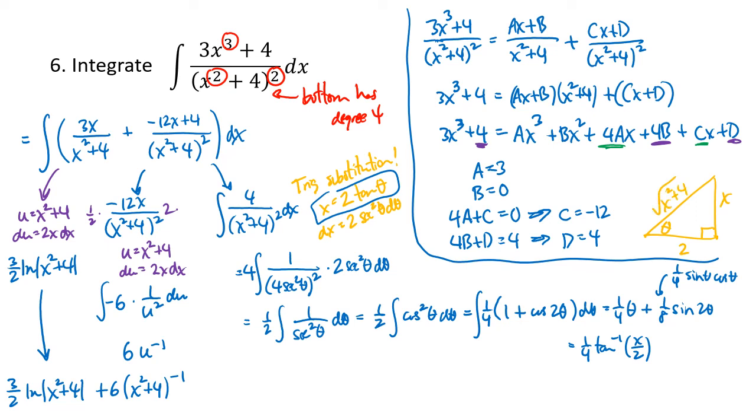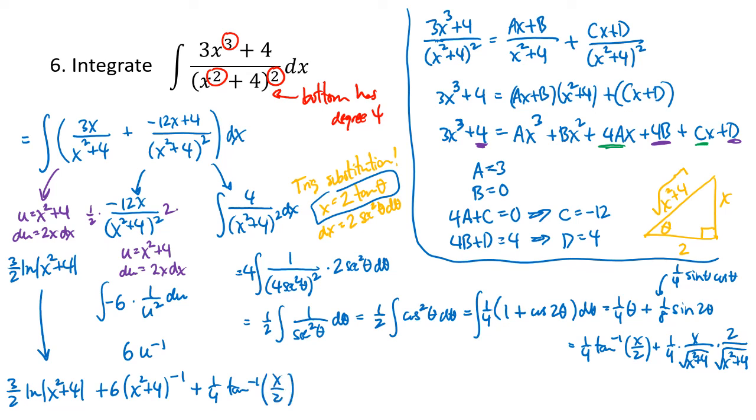By the Pythagorean theorem, our hypotenuse is square root of x squared plus 4. So we have 1/4. We've got sine of theta, which is opposite over hypotenuse, x divided by square root of x squared plus 4. Cosine of theta is adjacent over hypotenuse, 2 divided by square root of x squared plus 4. So when all the dust settles, we get 1/4 inverse tan of x over 2.